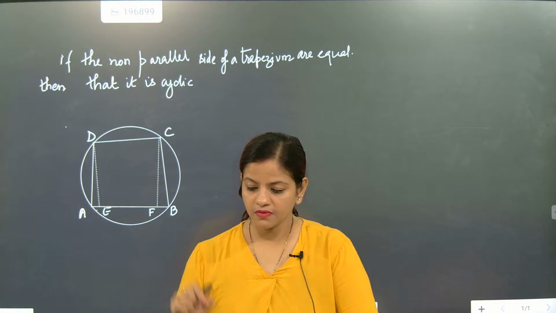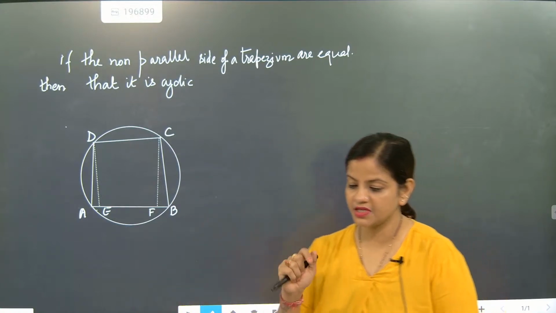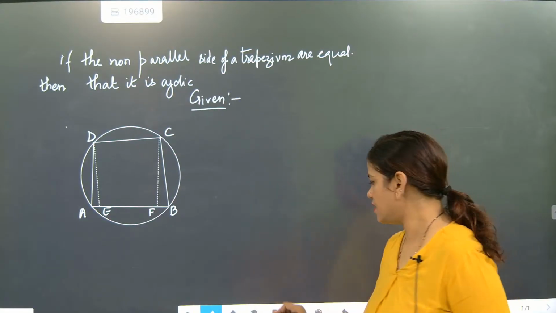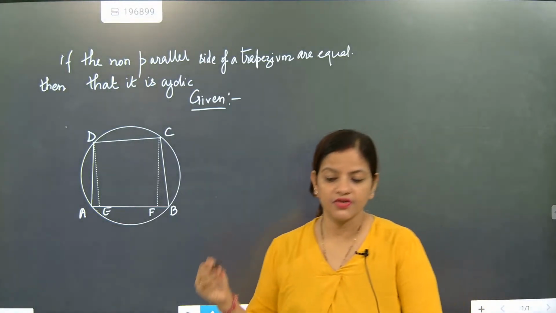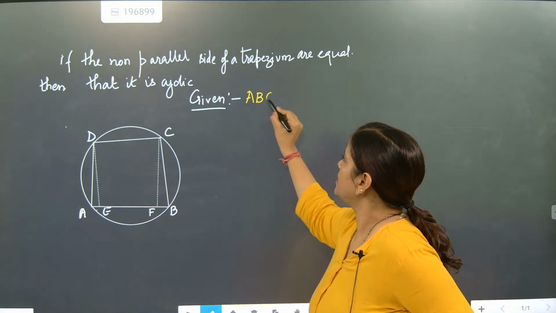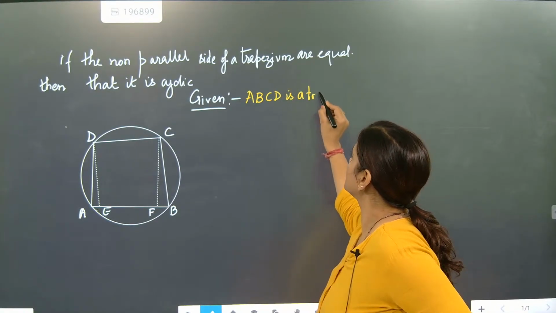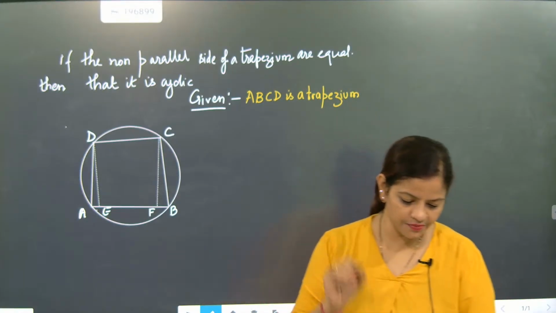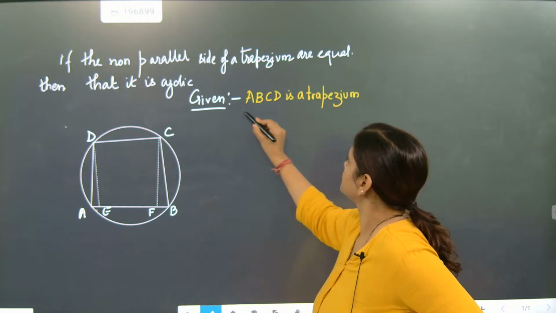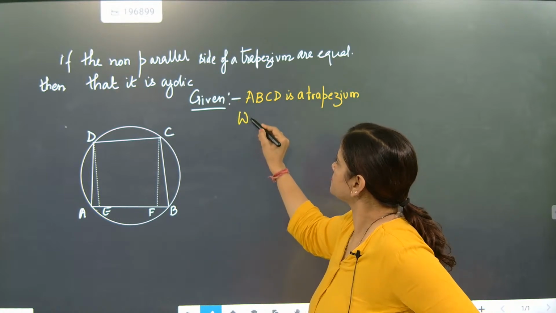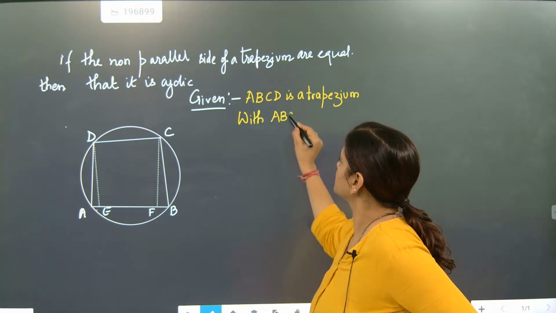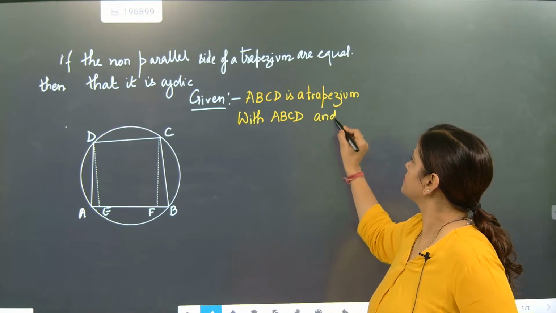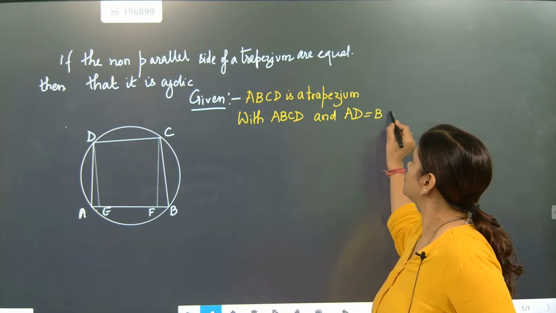Now, what is given to you? The given is ABCD is a trapezium, with AB parallel to CD, and AD is equal to BC.